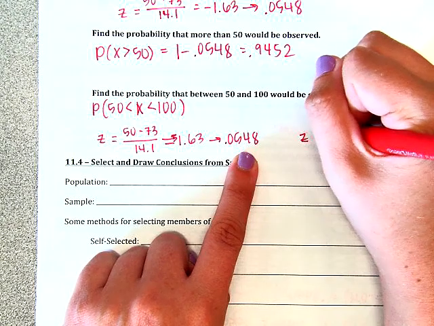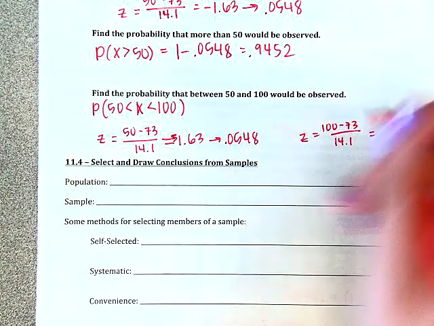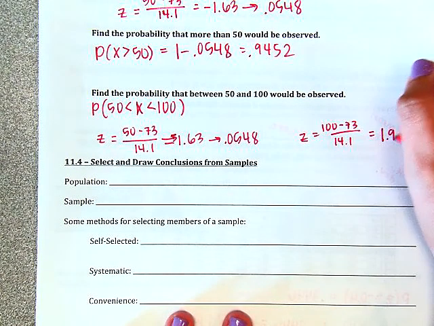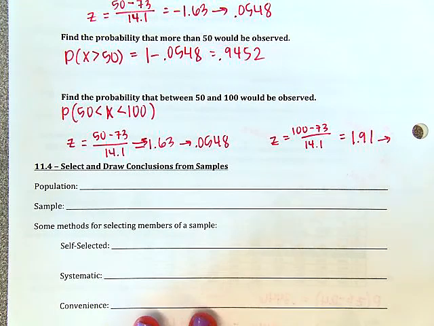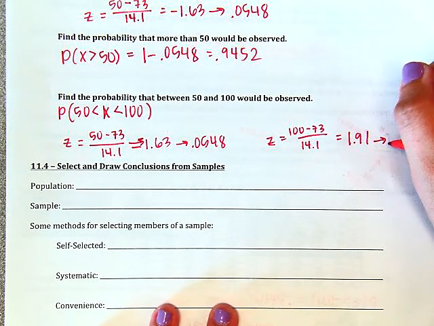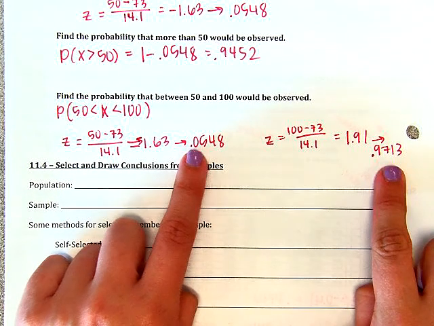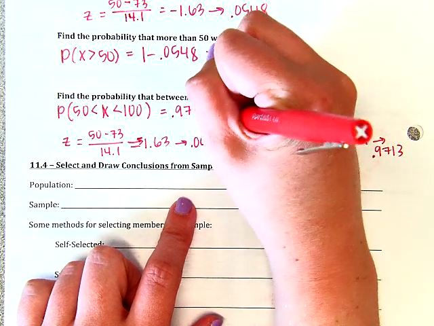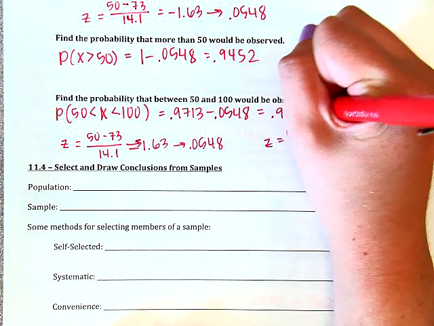The next one you got to do is 100. 100 minus 73 divided by 14.1 gives me 1.91. So basically 1.9, you go to your table, 1.9 is 0.9713. Remember, when it's between two numbers, you do your big one minus your small one. 0.9713 minus 0.0548 gives me 0.9165.